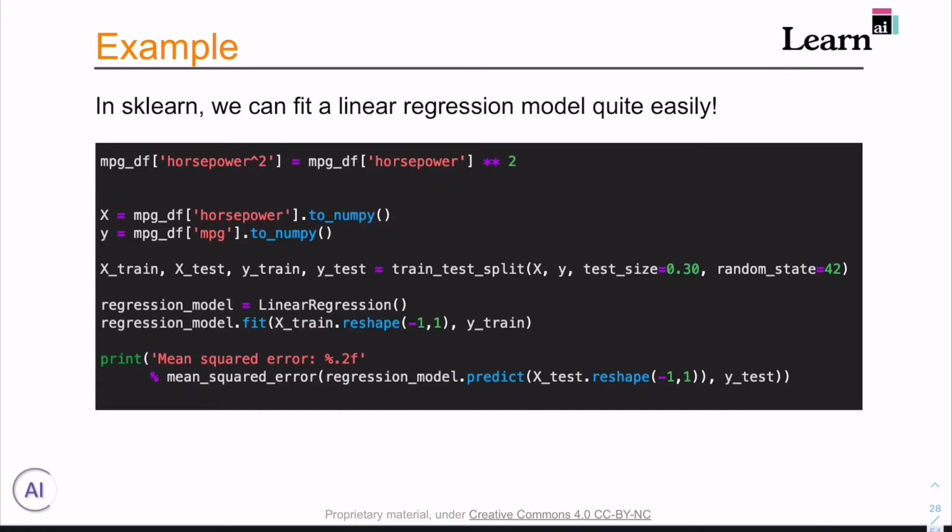Now moving to the world of concrete code, in sklearn, it's really easy to fit a linear regression model. You just use this module called LinearRegression from linear_models. You define it as an instance here called regression_model. Then we're going to do regression_model.fit. We're going to pass it our training data.